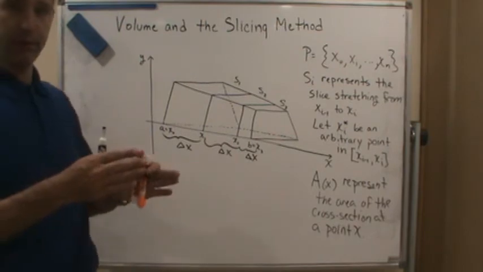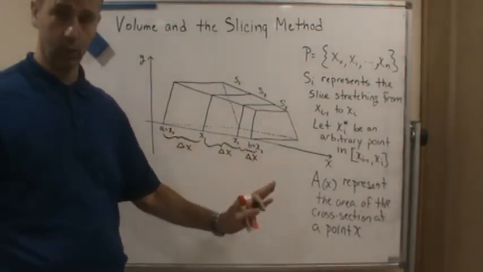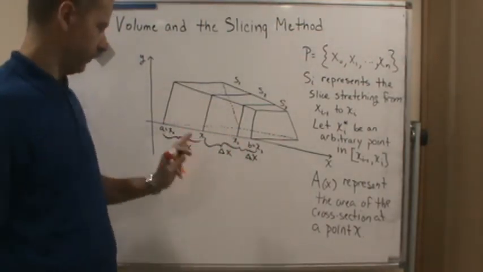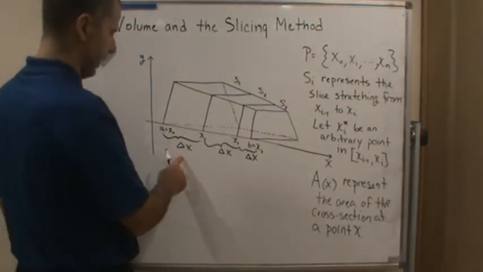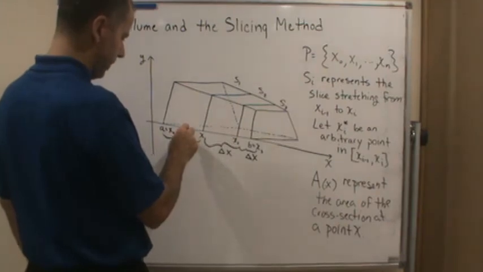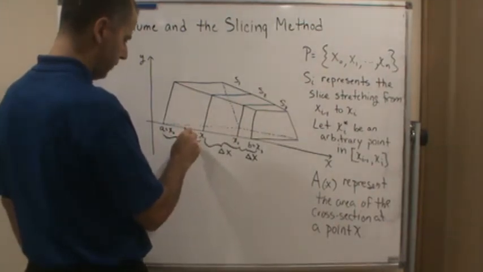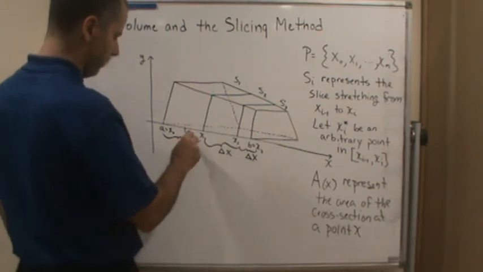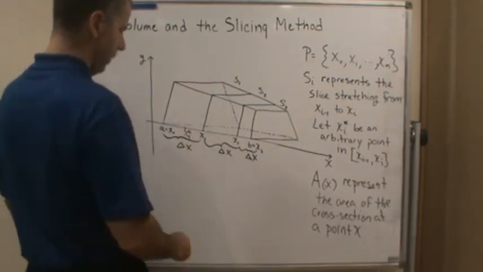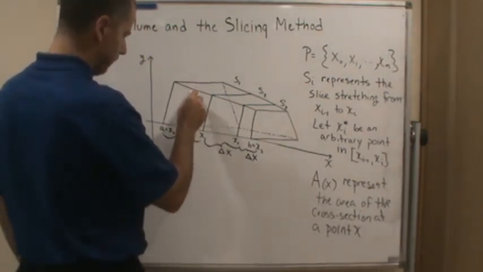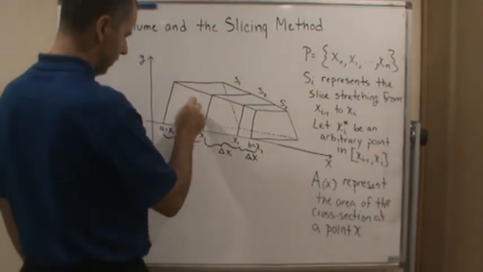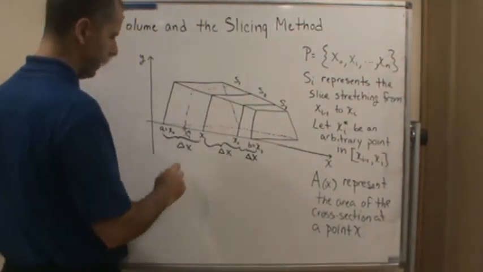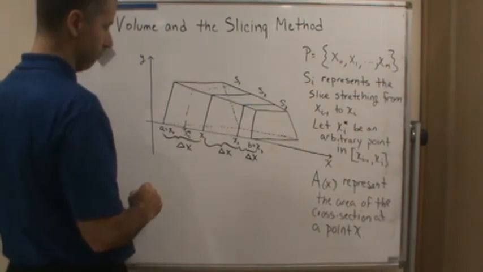And when we subdivide, I'm assuming all of these are equal lengths. So forgive my drawing, it's not the greatest. This is going to be delta x, and then at some arbitrary value, x sub i star, we have the cross-section here. This is where we would do our cross-section, and we would find the area of that cross-section.